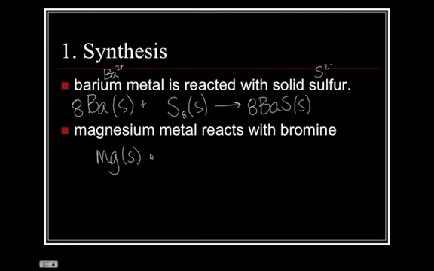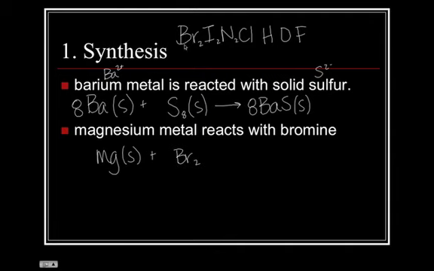So magnesium metal reacts with bromine, and don't forget, whenever you're dealing with pure bromine, bromine is a part of Brinkelhoff, so you need to double it up. If you have no idea what Brinkelhoff is, it's the word, I did not come up with this, somebody way smarter than me did it, to help you remember the 7 elements that when they're a pure element, they actually double up.